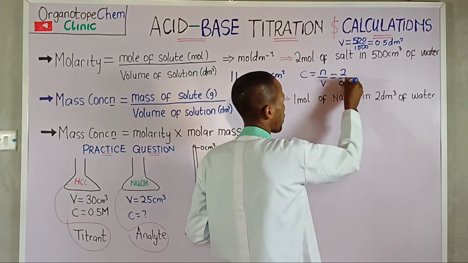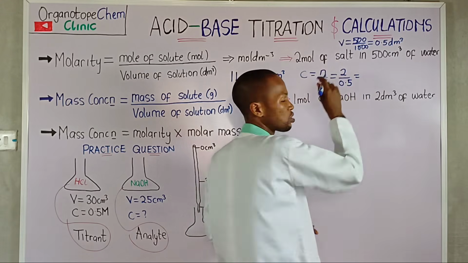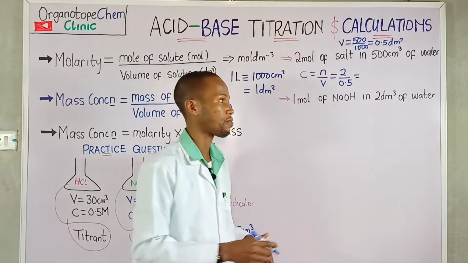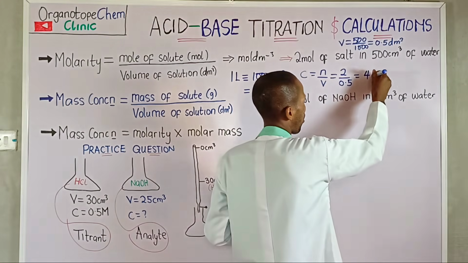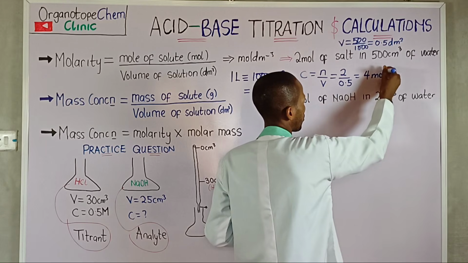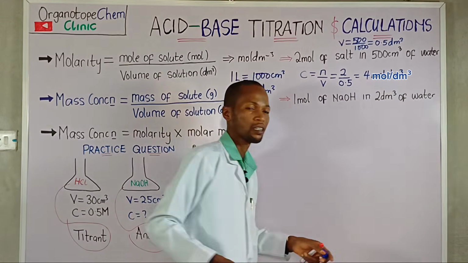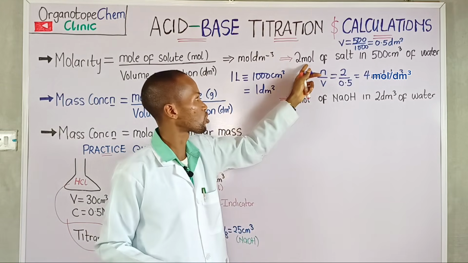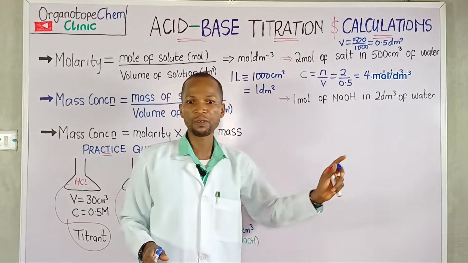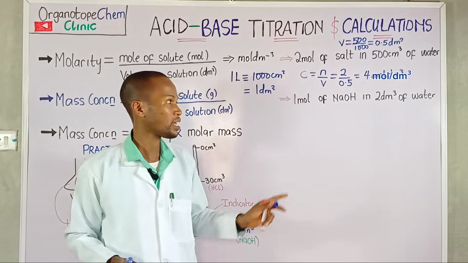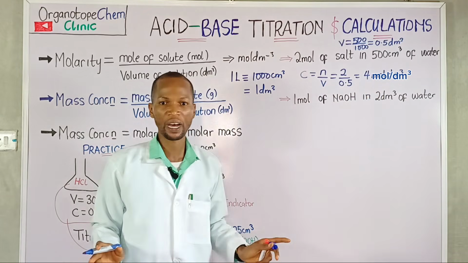We have 2 divided by 0.5, that is 4 mole per what? Per dm cube. That's right. So the concentration of the salt in 500 cm cube of water is 4 mole per dm cube.